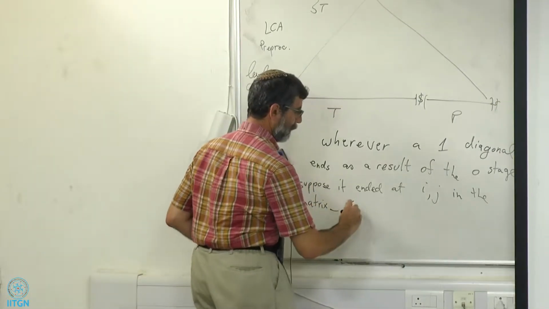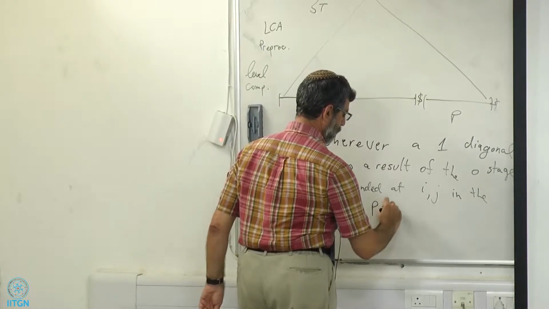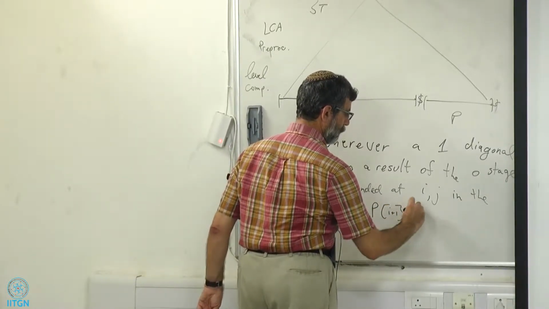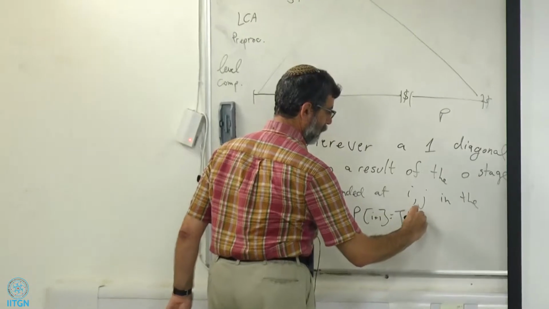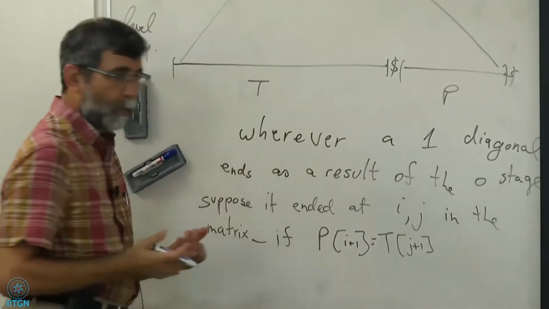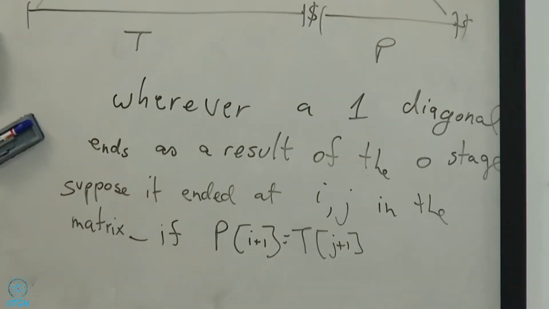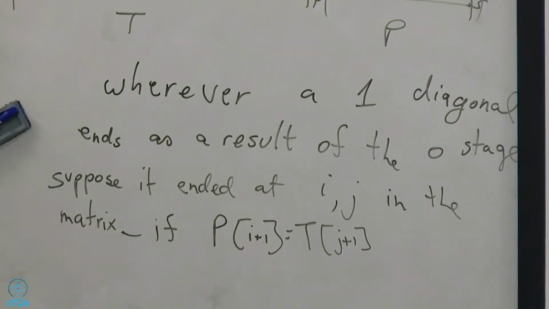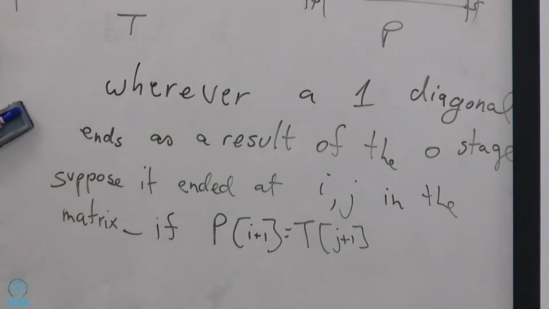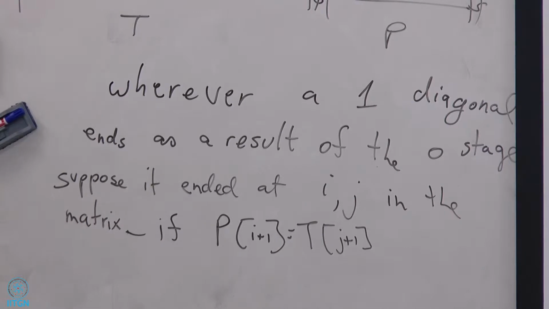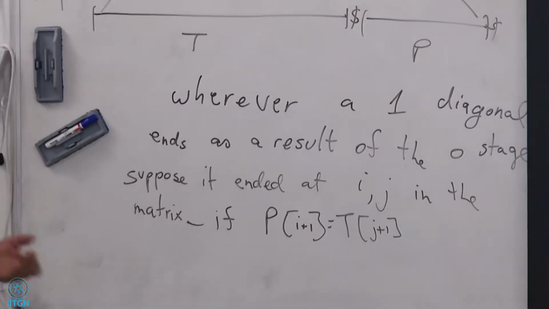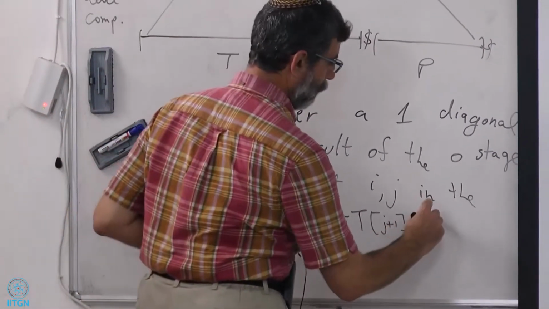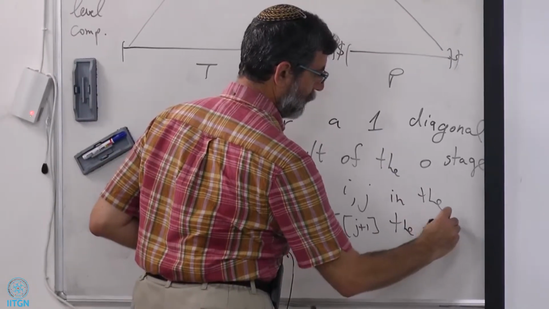If p i plus 1 is equal to t j plus 1, then we can extend it. And if p i plus 2 is equal to t j plus 2, then we can extend the 1 even further. So the 1 can be extended.